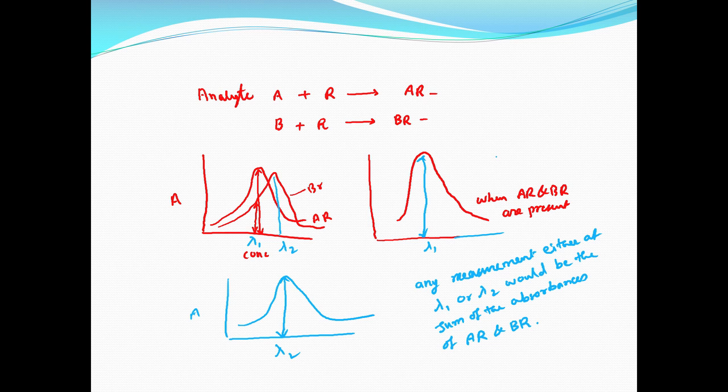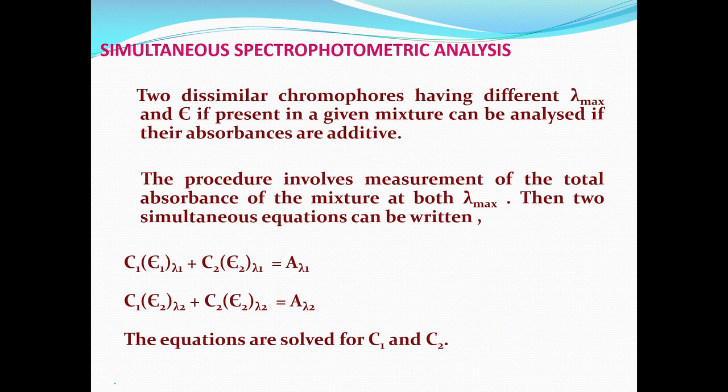That is by using simultaneous determination. So, in simultaneous spectrophotometric analysis, we recognize that there are two dissimilar chromophores having different lambda max and different colors, so the molar extinction coefficients will also be different.